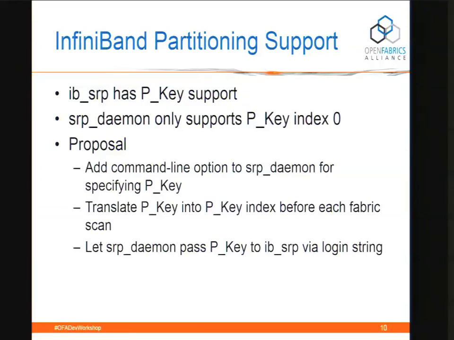My proposal is to add a command line option in the SRP daemon that allows specifying the partition key and to translate that key into a PK index before a scan of the network, and also to let the SRP daemon specify that PK during login.